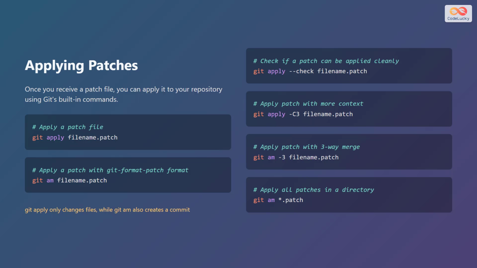To check if a patch can be applied cleanly, use git apply --check filename.patch. To apply a patch with more context, use git apply -C3 filename.patch. To apply a patch with a three-way merge, use git am -3 filename.patch. Finally, to apply all patches in a directory, use git am *.patch.